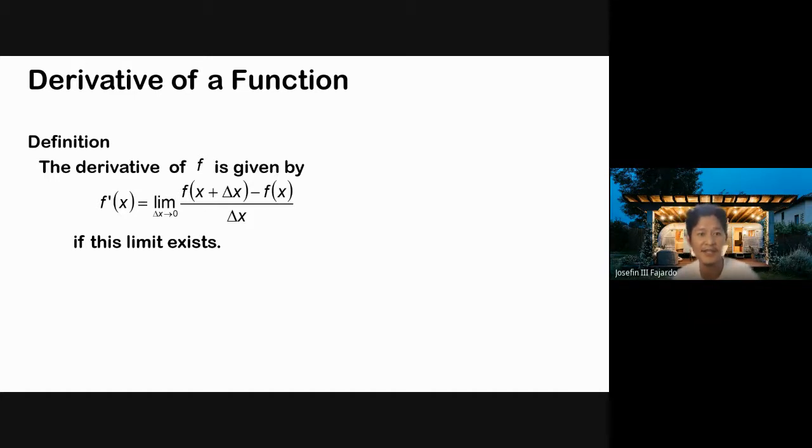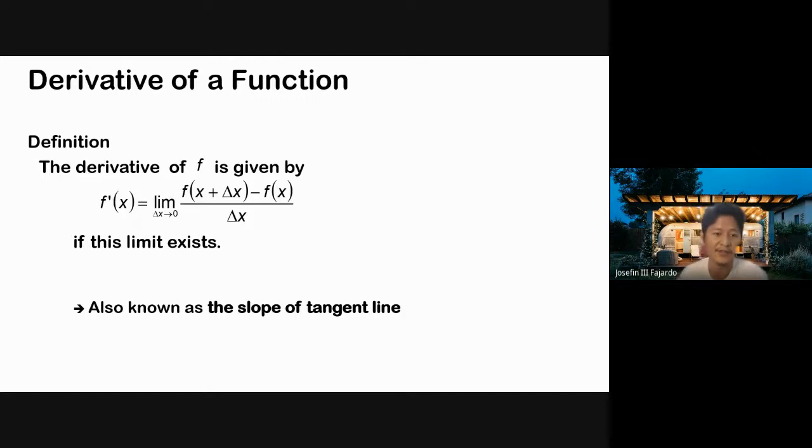Geometrically, later on we will notice that the derivative will serve as the slope of the tangent line. So how is that? If you consider the derivatives, you have a function.